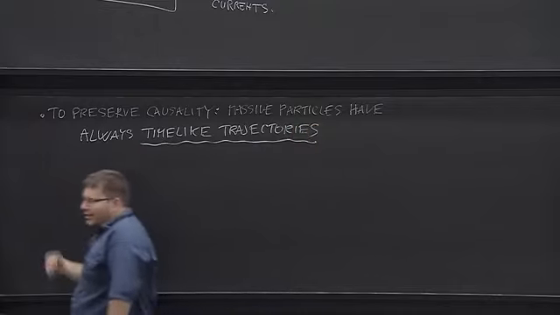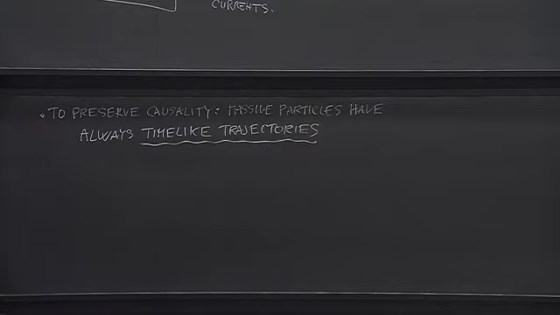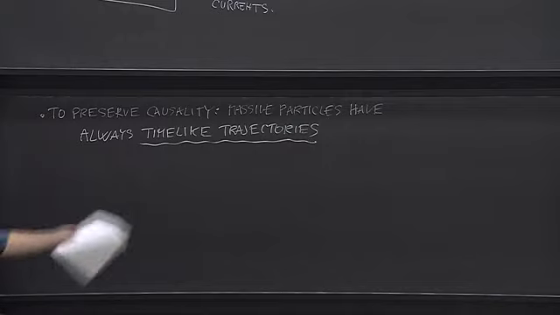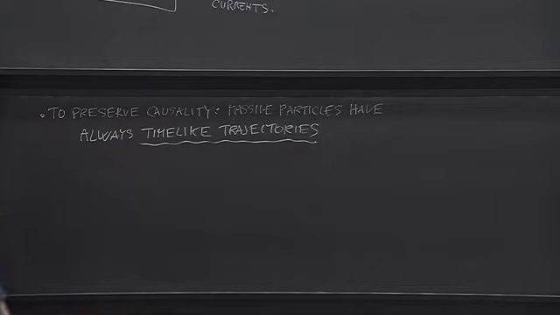You have to invoke an extra principle to actually demand that. Otherwise, from the point of view of the geometry of parameterizing curves, everything is possible. But when you describe physics, you are imposing an extra condition. So massive particles always have time-like trajectories.